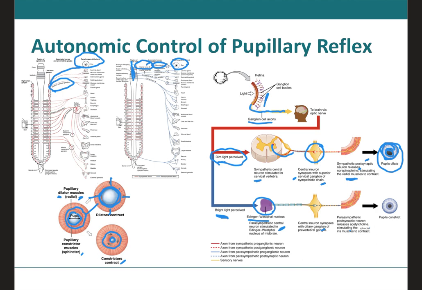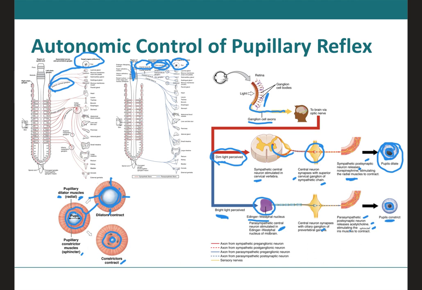Remember, the parasympathetic neuron over here goes to the ciliary ganglion, and this will activate the parasympathetic postsynaptic neuron to release acetylcholine, stimulating the sphincter muscle, which can also be called the circular muscle, and this will then contract and decrease the opening of the pupil.